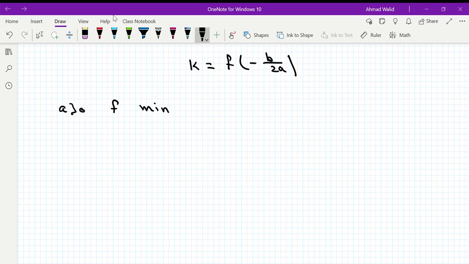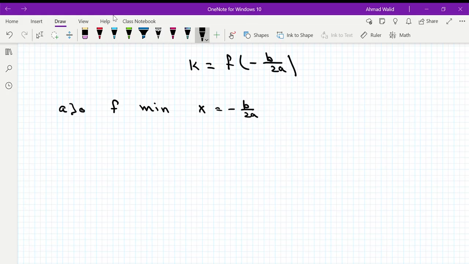And where the minimum point occurs, you can see, it will be at x equals negative b over 2a. This is the location of your minimum point. Please remember, this is the location, not the value, correct? Where you can see the minimum point at x equal negative b over 2a.